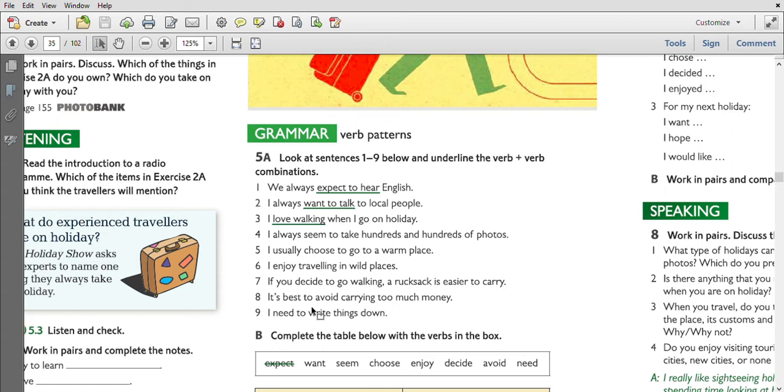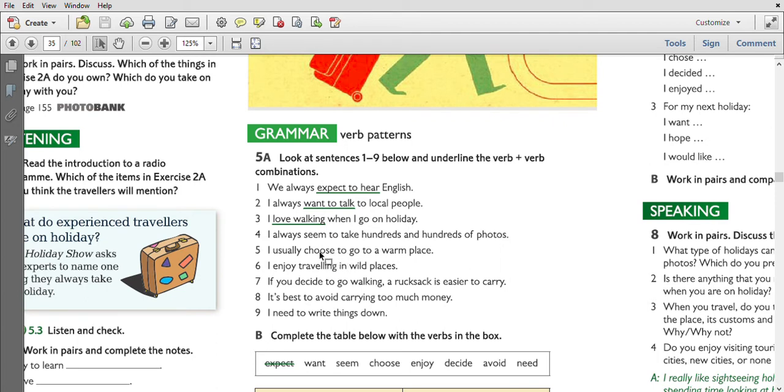So as you see, there are different constructions, and after different verbs the other verb is in a different construction. It can be infinitive with to, like here, to hear, to talk, and it can be a verb plus ing, like walking, and here we have traveling, and so on.